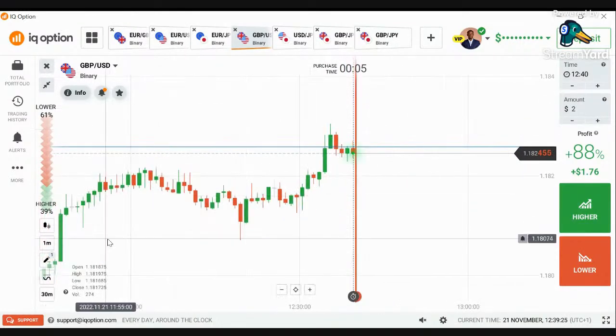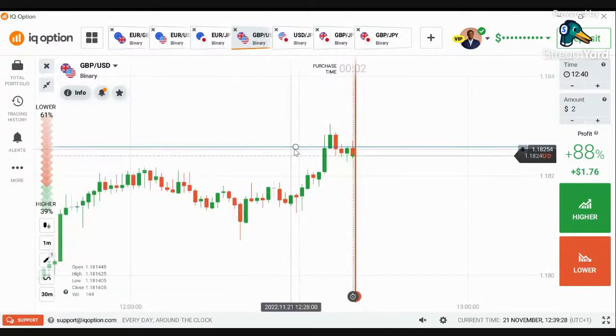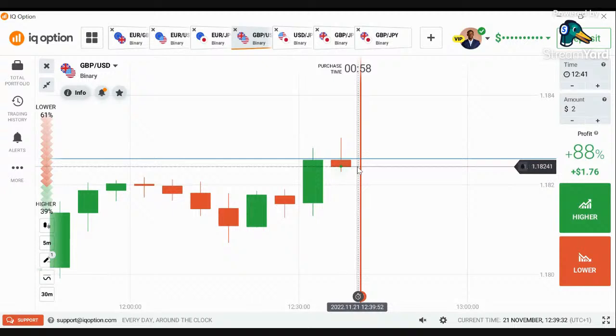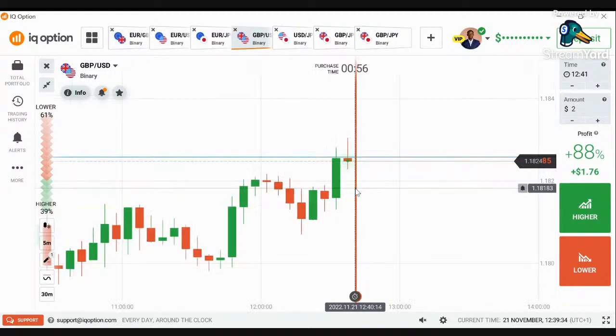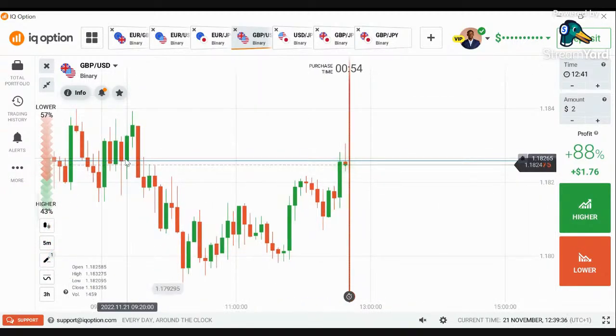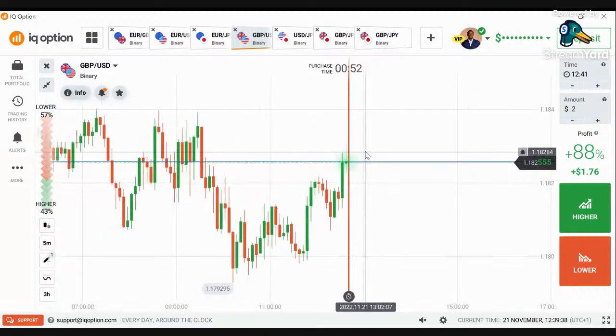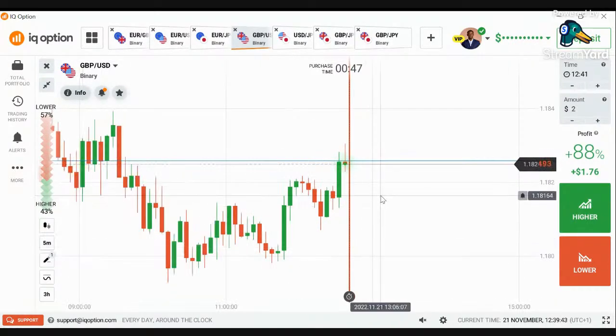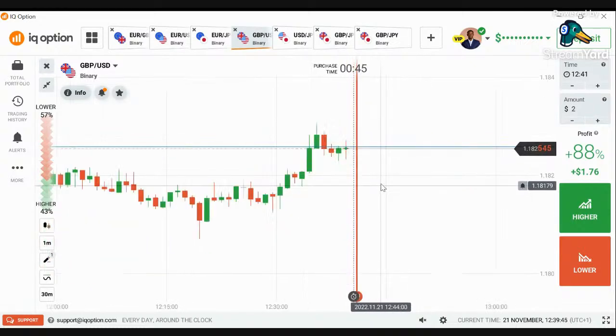Okay, so like I said, on GBPUSD, the market got to a key level here, and that's why it's rejecting and trying to give us some sellers interest.